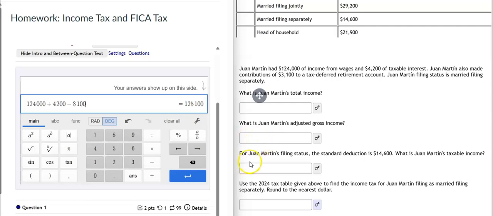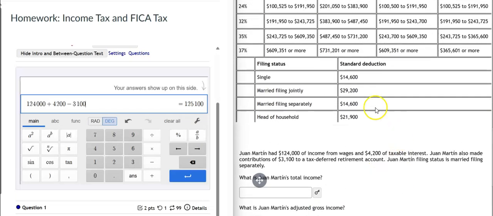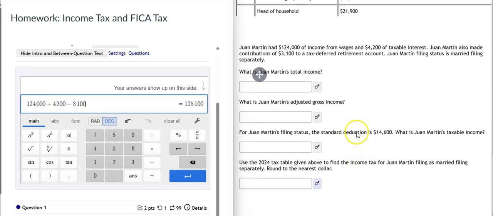Okay. Now the next question is, for Juan Martin's filing status, the standard deduction is 14,600. So 14,600 is the married filing separately standard deduction. Also this is the same for single. So always you subtract the standard deduction from adjusted gross income to find the taxable income.